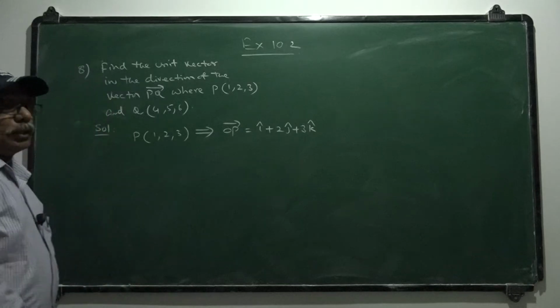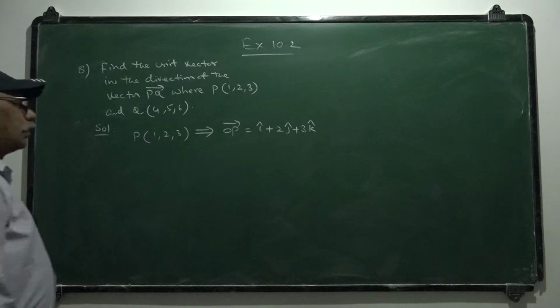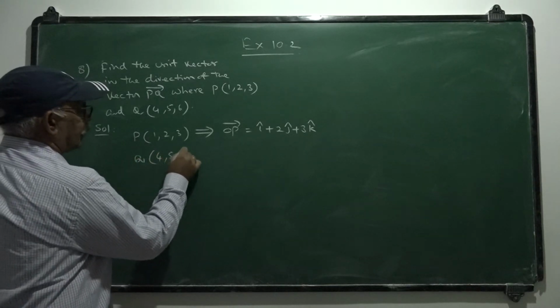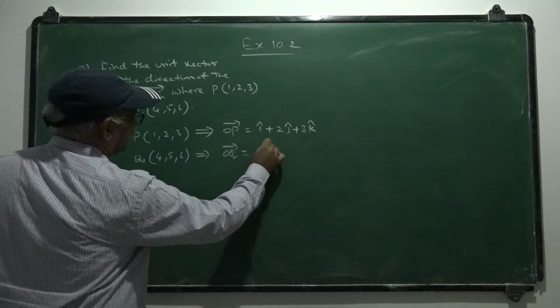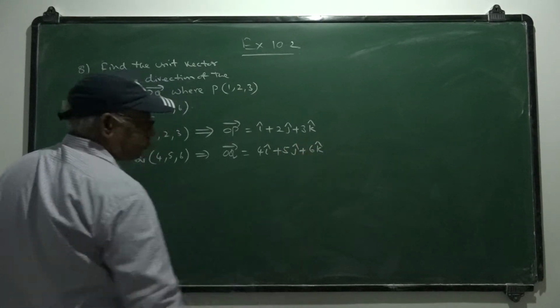You can write it in position vector form. Once you join that point to the origin, we get the position vector. Similarly, Q is (4, 5, 6), which implies OQ bar equal to 4i plus 5j plus 6k.